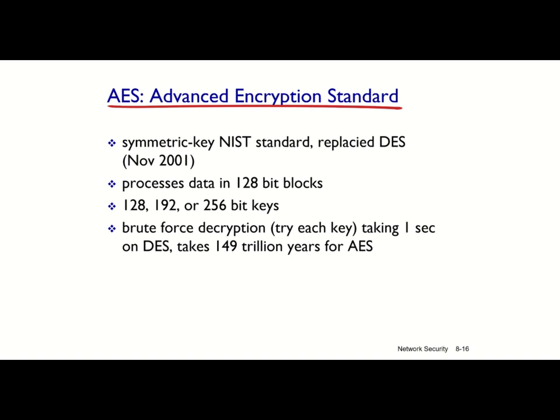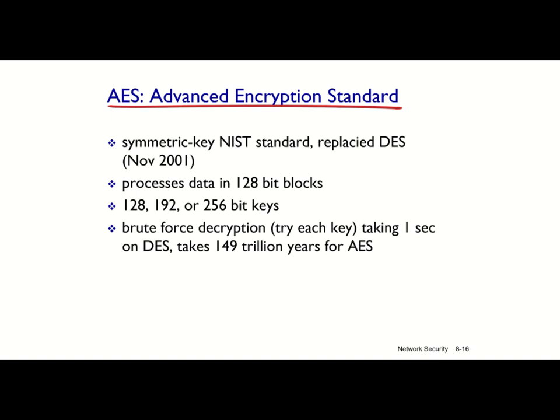In November 2001, NIST changed its standard, and now we have AES instead of DES. AES means Advanced Encryption Standard. It is using a longer key. It's using either 128, 192, or 256-bit keys.